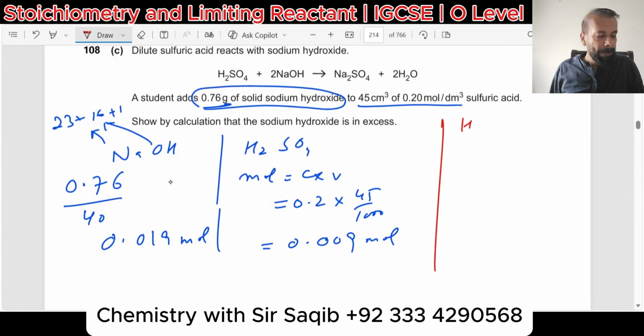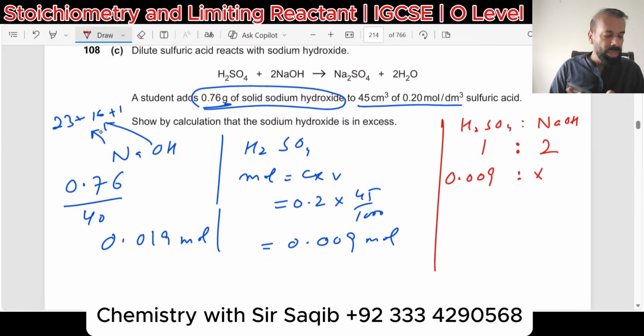Sulfuric acid. Now look at the equation. H2SO4 to NaOH ratio: if it is 1 mole of sulfuric acid in the equation, you need 2 mole NaOH. But if you have 0.009 of sulfuric acid, how much sodium hydroxide will you need? Double of this, right? So multiply by 2, 0.018 mole. What is this?